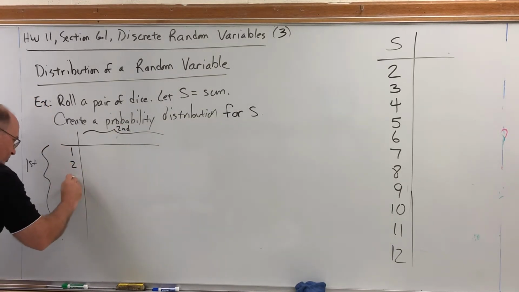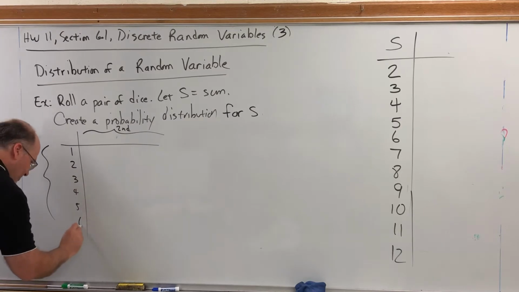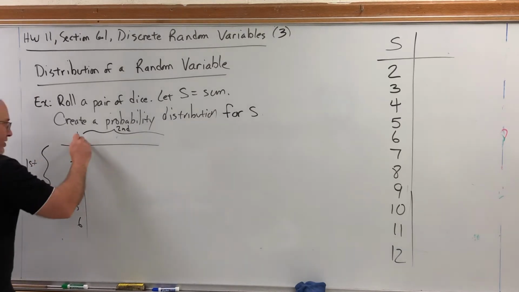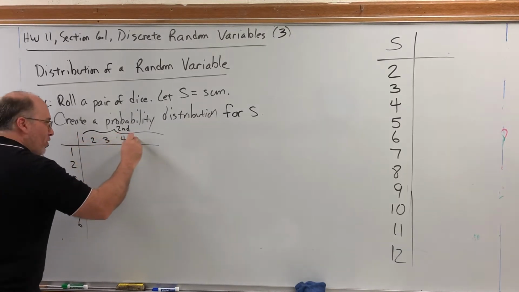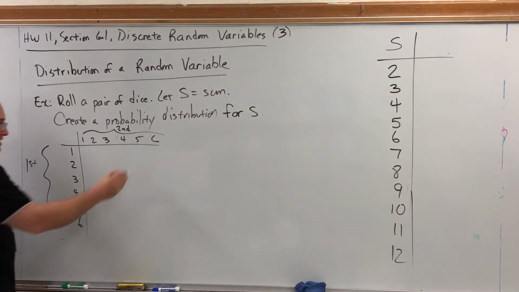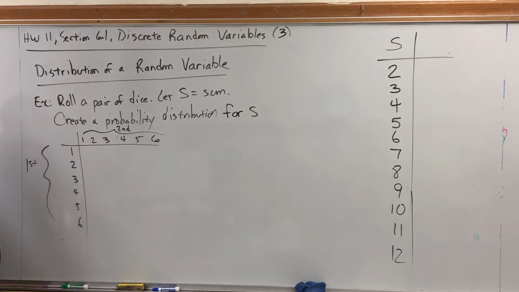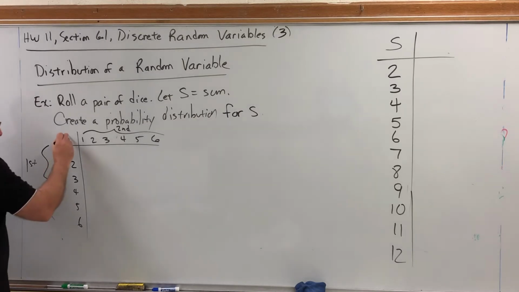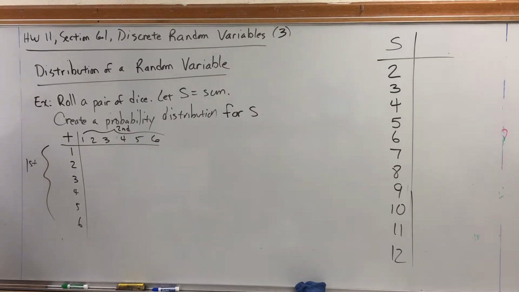So 1, 2, 3, 4, 5, 6 is how the first die could come out. 1, 2, 3, 4, 5, 6 is how the second die could come out. And we are interested in the sum of the dice, so I'm going to put a plus up here in the corner. This is just an addition table.